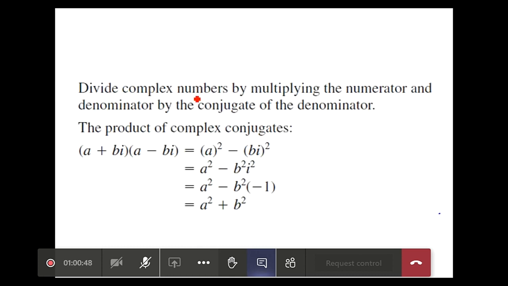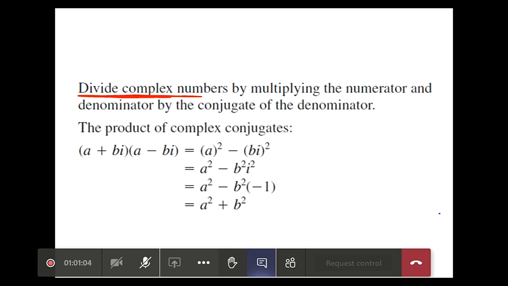Okay, if we need to divide complex numbers, we must study the subject called the conjugate. What is the conjugate?